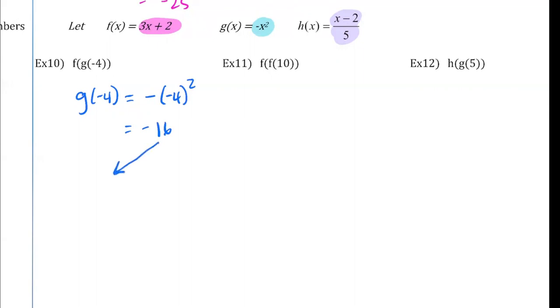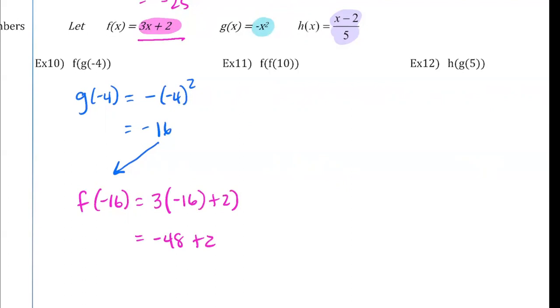Now that's going to get plugged in to f of x. So f of negative 16. And look at our function up here. 3, plug in the x, like that. Negative 48. I didn't really need a parenthesis down here. There we go. And we get negative 46.